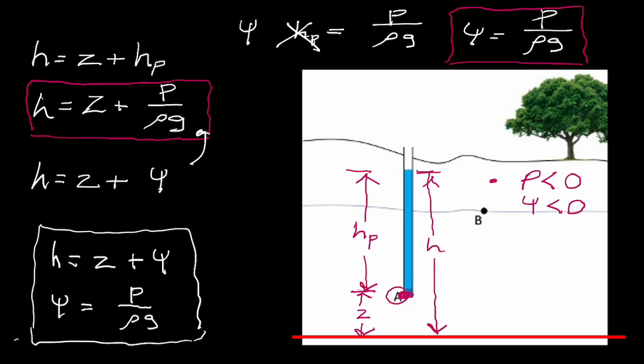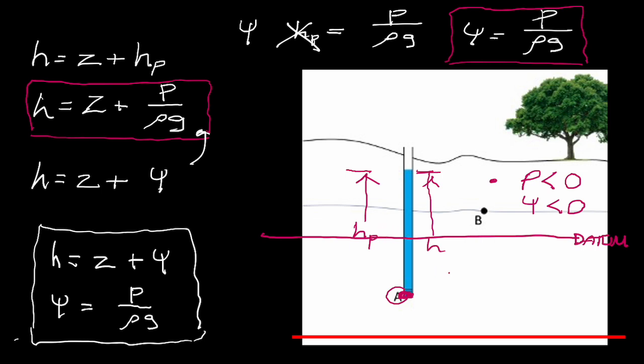Now, what would happen if instead I made my datum up here? So this is my new datum. In this case, the point A here is below the datum.